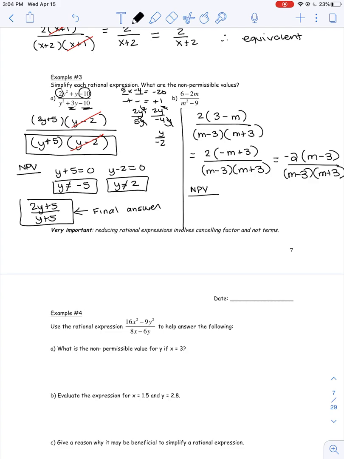Before I go on, this is where I'm going to find my non-permissible values. Only look at your denominators. I have m minus 3, which could equal 0, and m plus 3, which, if it's equal to 0, doesn't exist. So that means m cannot equal positive 3, that's one solution, and m cannot equal negative 3.